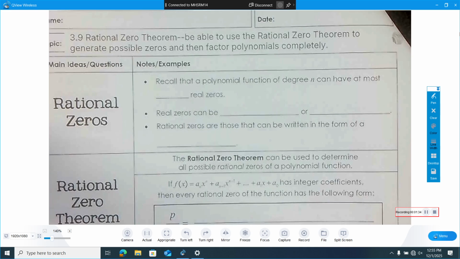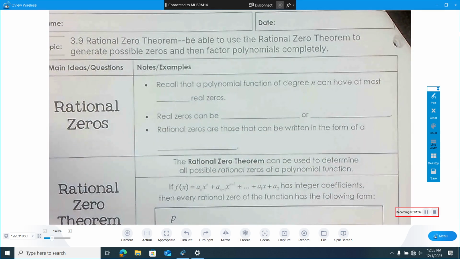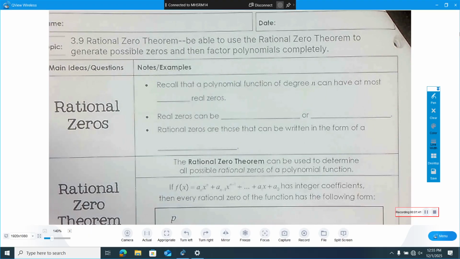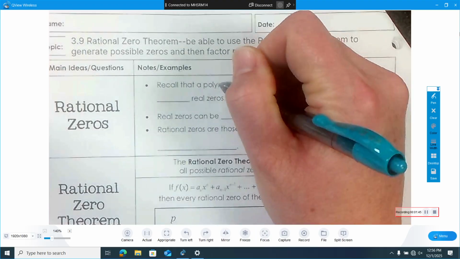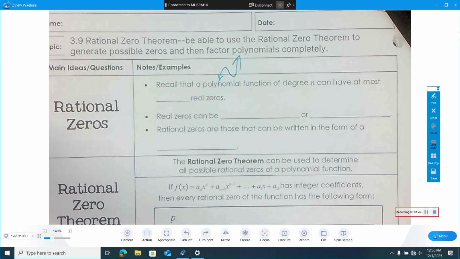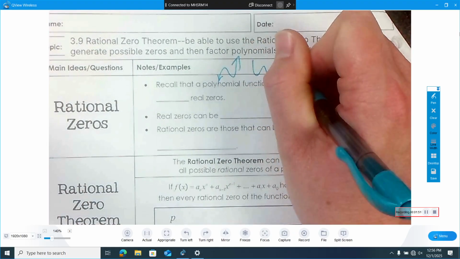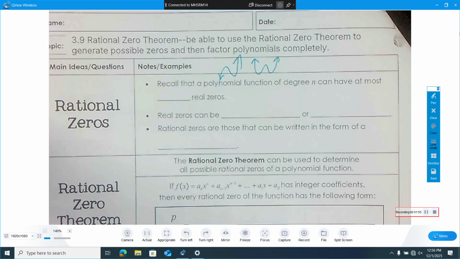All right. So today we are talking about the rational zero theorem, and so we want to recall that a polynomial function. A polynomial is a nice smooth curve graphically. They have many different looks to them, but they're like stretchy S's or W's sort of shapes.